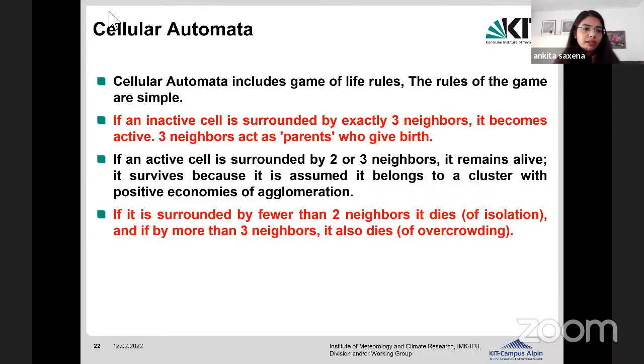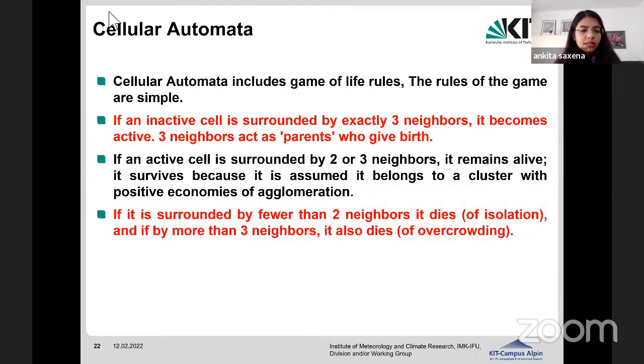So we will not say 3 urban constructions should be around. We can say one construction will be enough to instigate urbanization. So we can modify this term. I'm just taking an example like 3. If 3 urban pixels surround that location, then it will be urbanized. If not, it will not urbanize.